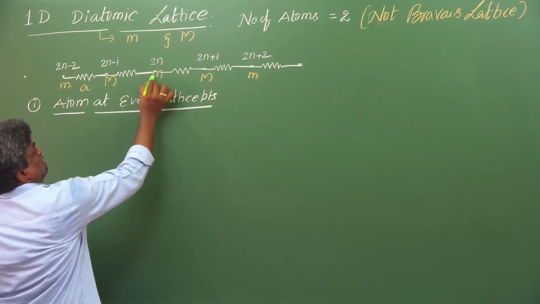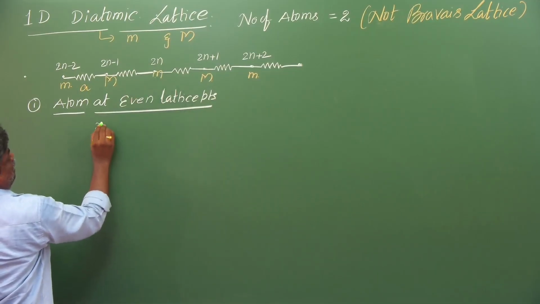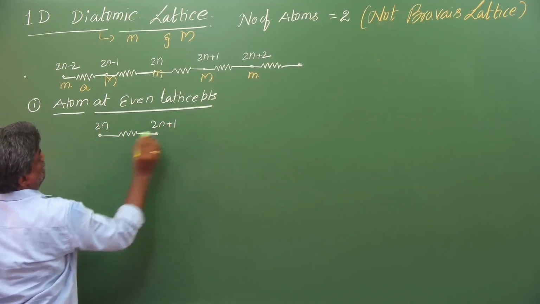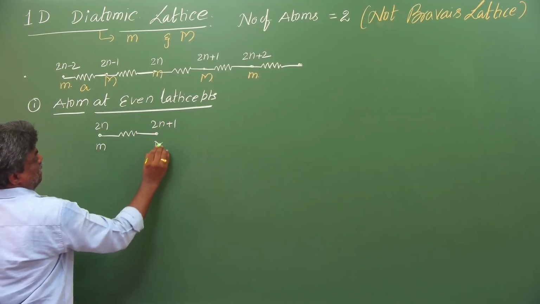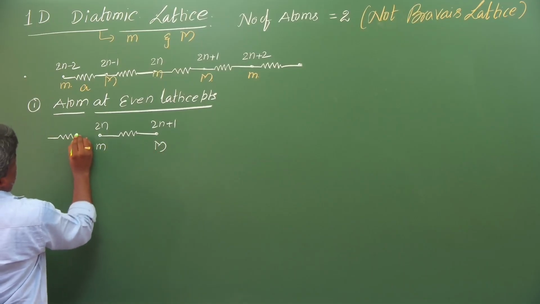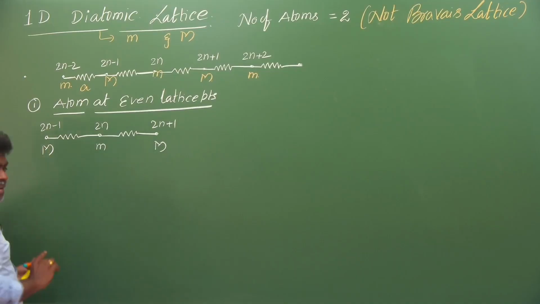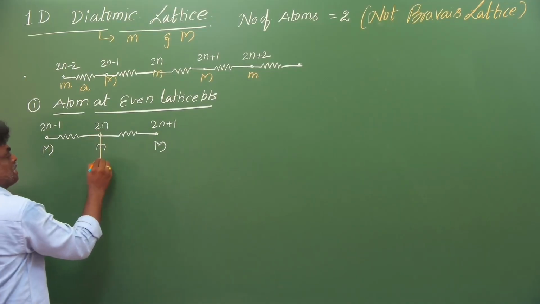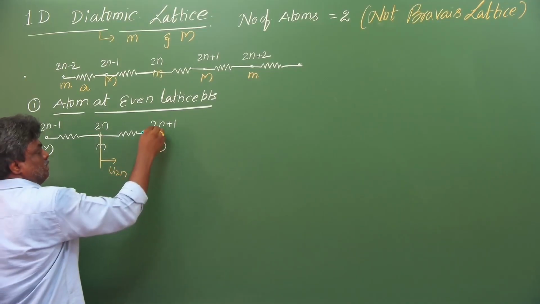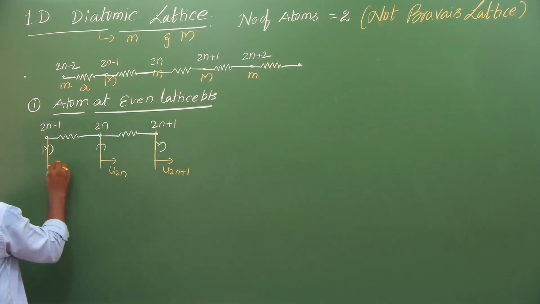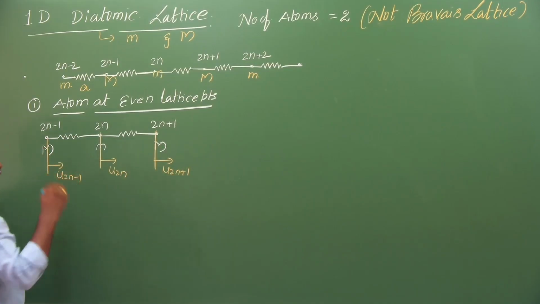I am taking this. This is 2n, and here you have 2n plus 1. Here it is small m. And this is 2n minus 1, and this is capital M. So this displacement is u2n. This displacement is u2n plus 1. And this displacement is u2n minus 1.